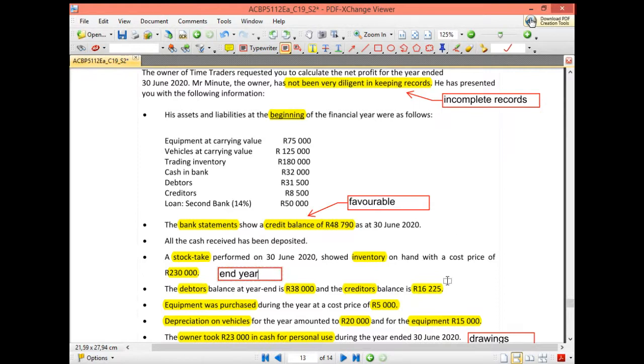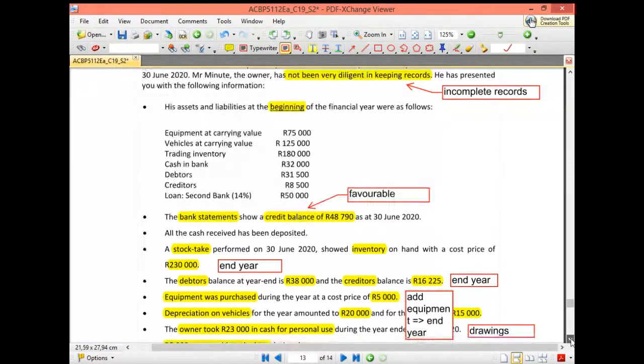Creditors balance is 16,225. Okay, so this is also at the end of the year. Equipment was purchased during the year at cost price, so this needs to be added to your equipment to get to your year-end balance.